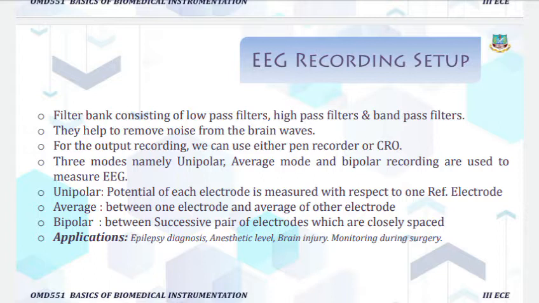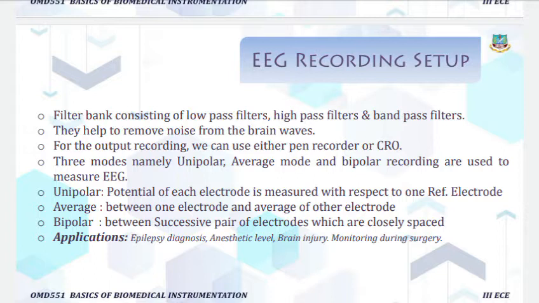Then in the average mode, the potential is measured between one electrode and the average of all other electrodes. So in this average mode we need only one measurement, taking the reference between one electrode and the average of all other electrodes.